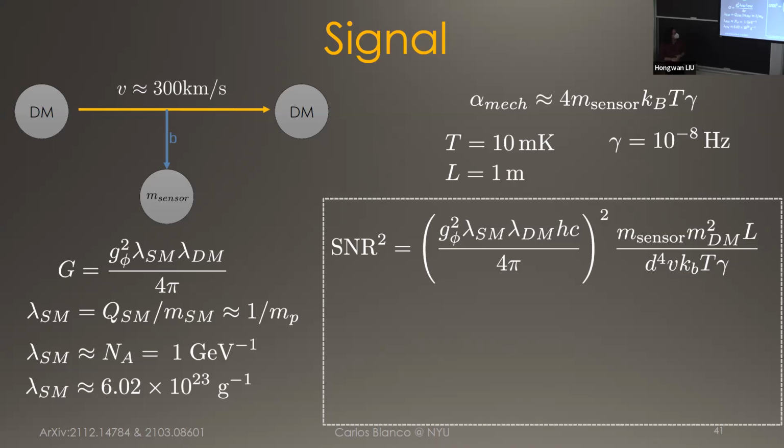And we can write that down pretty readily. And it really just depends on the sensor mass, the dark matter mass, these few parameters, and depending on how you parameterize the interaction between the dark matter and your sensors, a few things pop out.